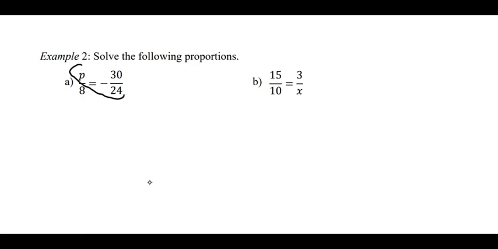Okay, so I'm going to do p times negative 24, and then I'm going to multiply 8 times 30. So let me start over again because the negative sign might be confusing. So going back to, if you recall, in our fraction unit, we said that negative 30 over 24 can be written as negative 30 on top.